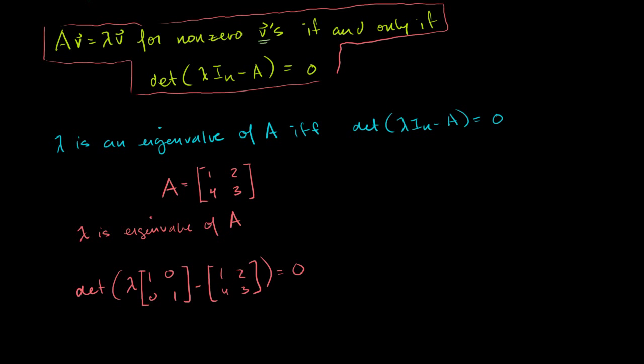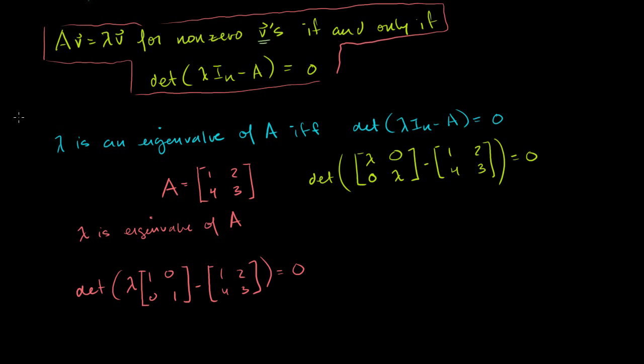Well, what is this equal to? This right here is the determinant of lambda times all of these terms. So it's lambda times 1 is lambda, lambda times 0 is 0, lambda times 0 is 0, lambda times 1 is lambda. And from that, we'll subtract A. So you get 1, 2, 4, 3. And this has got to equal 0.